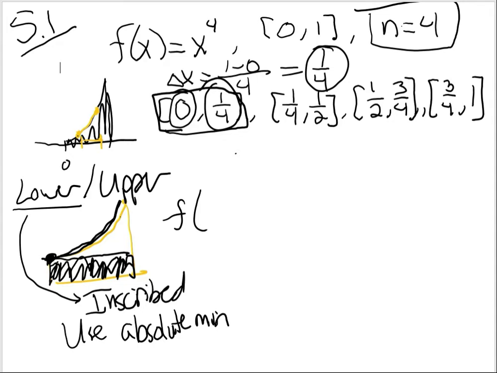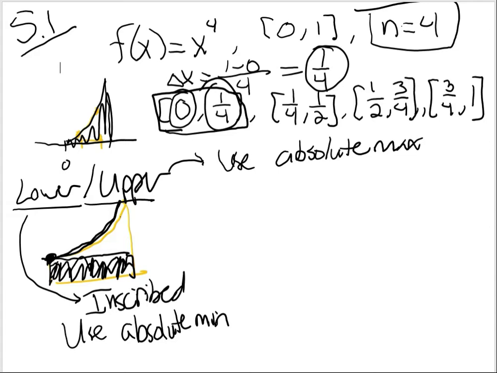That way we're guaranteed an underestimate. Now, for the upper sum, you want to do the reverse. Use an absolute max value.